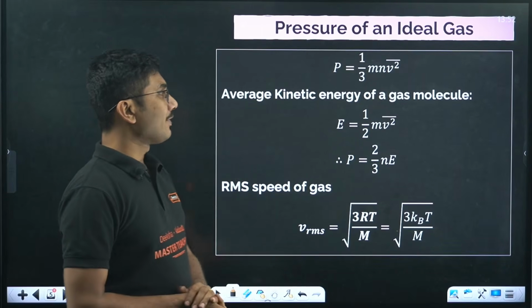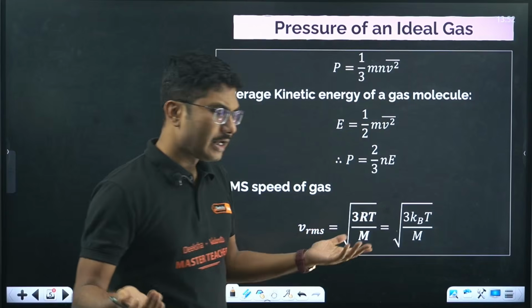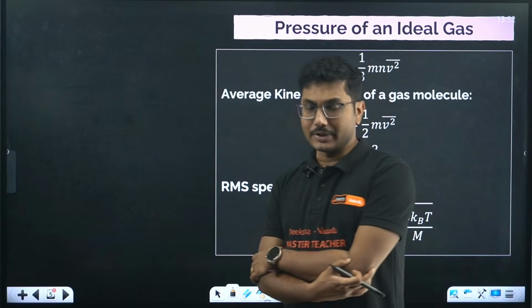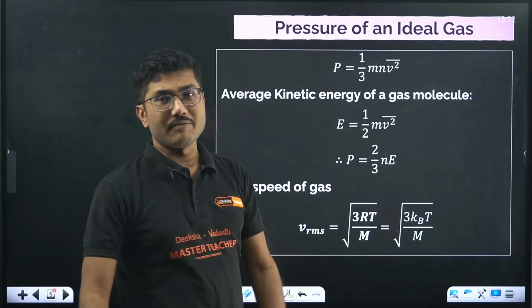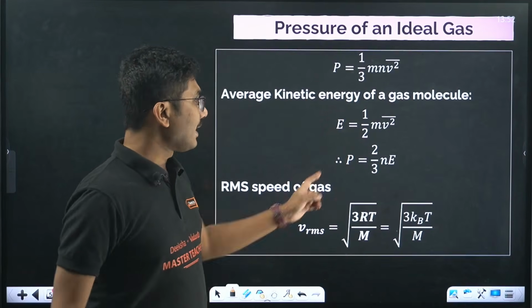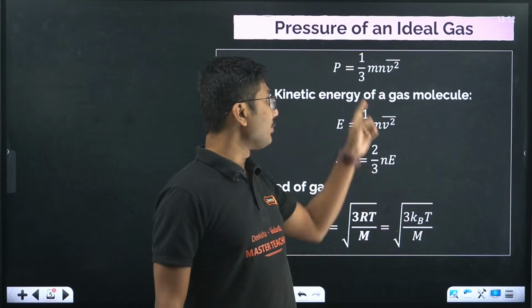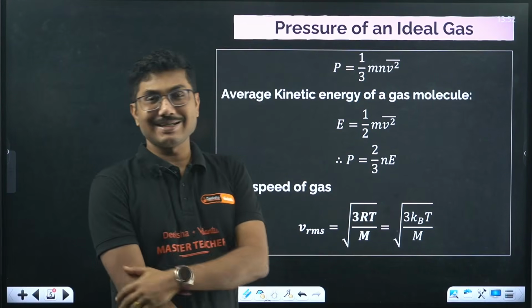Okay, so the average kinetic energy of the gas molecule is half mv square, right? If we know the velocity and the mass, we can calculate the kinetic energy. That kinetic energy turns out to be half mv square, and that can be related to the pressure as 2 by 3 n into E, because here we have 1/3, here we have half, so that can be adjusted like this.